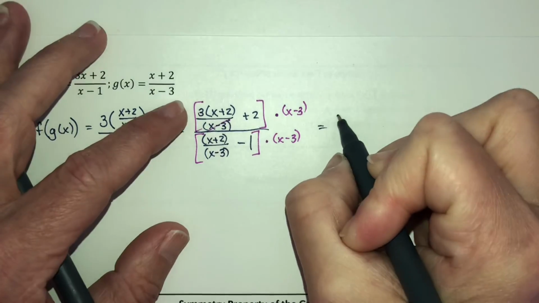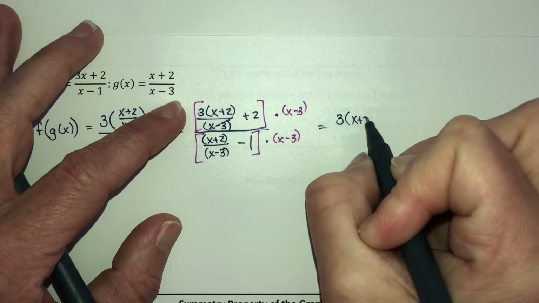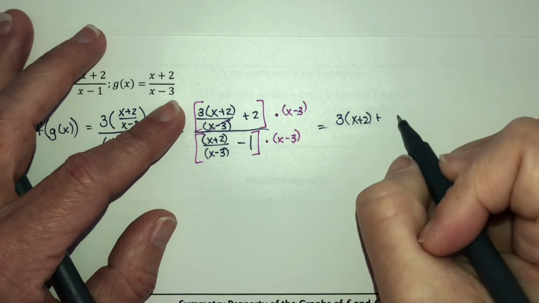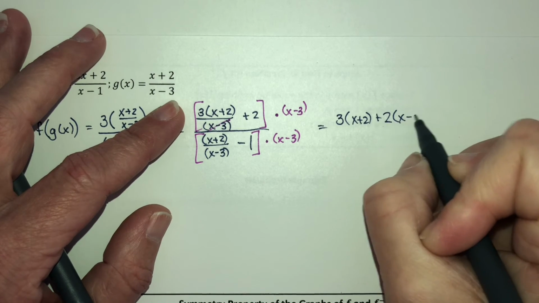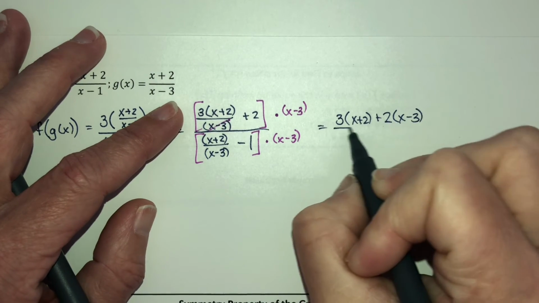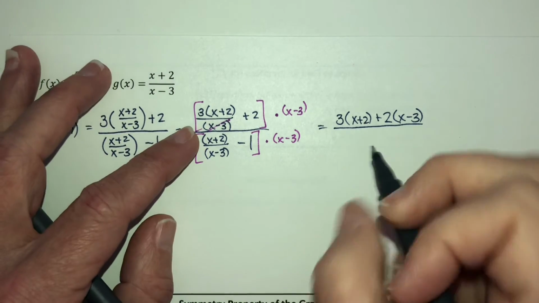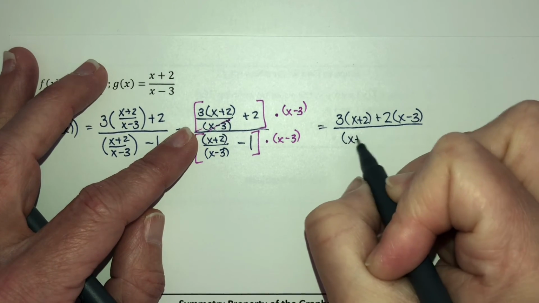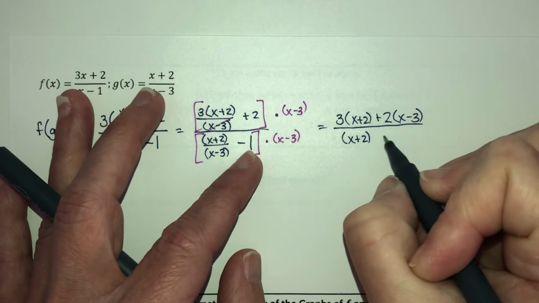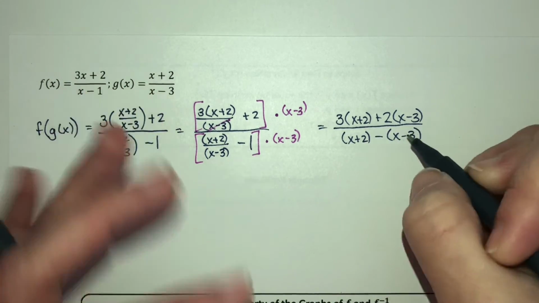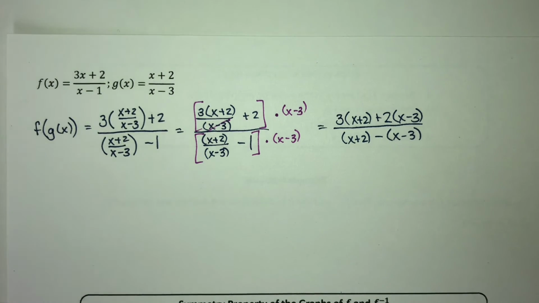So I have just 3 times x plus 2 plus 2 times x minus 3. Over, and then the same thing happens here. This cancels this denominator. So I'll have x plus 2 minus 1 times x minus 3. So it's still an ugly fraction, but at least it's not fractions within fractions.